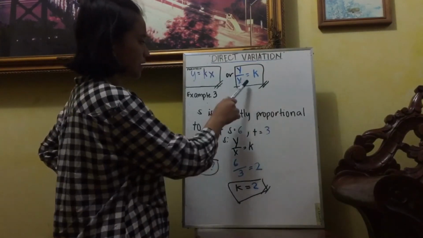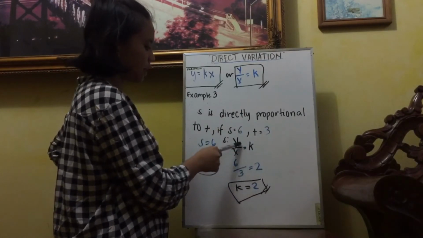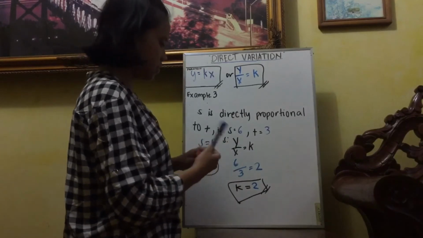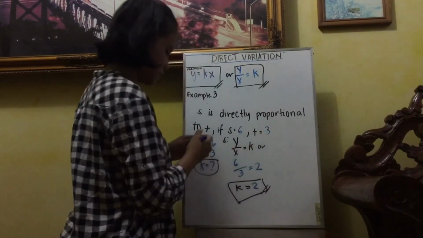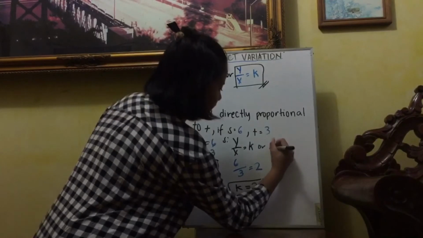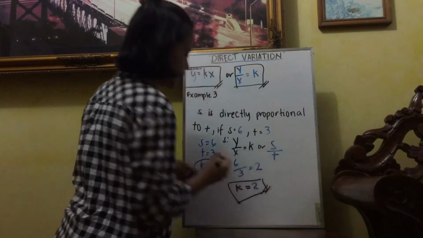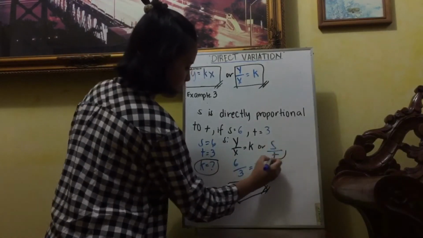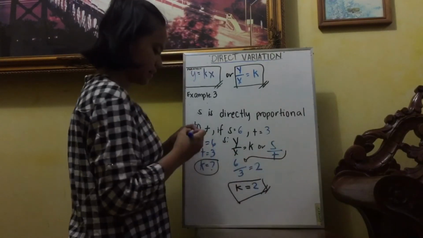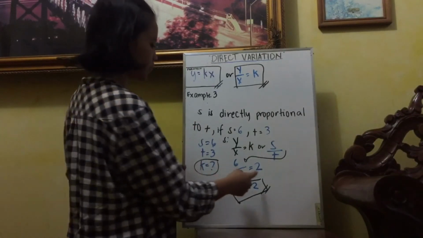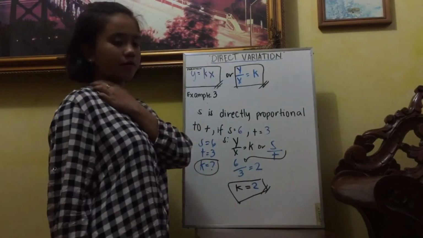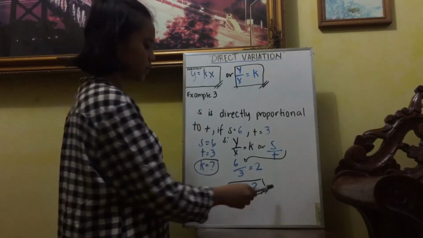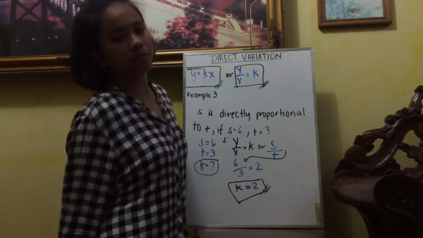So we apply this formula: y over x, which is 6 over 3. And the answer, 6 divided by 3, is 2. So the equation in our variation has k equal to 2.